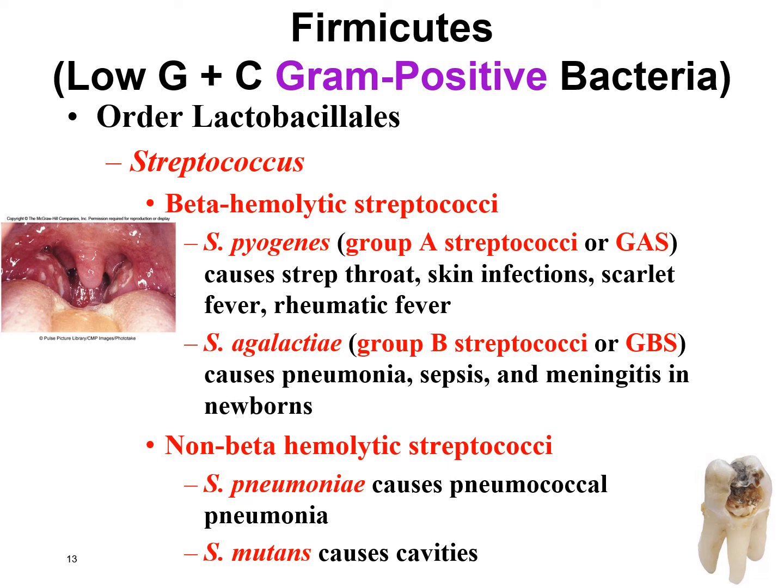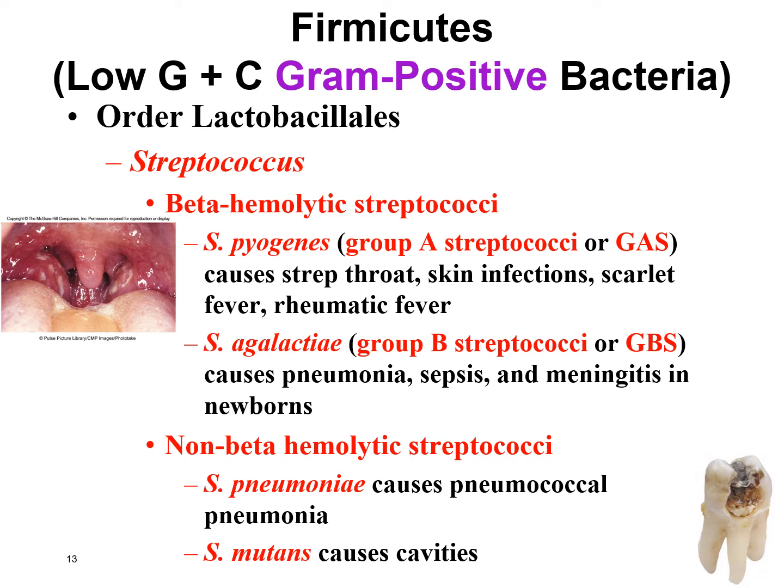Streptococcus agalactiae, or group B strep, is a concern, especially in pregnant mothers. This bacteria can live in the vagina, but it's not always there. It kind of comes and goes. They will test mothers before delivery to see if the bacteria is there, and if it is, they will give mom antibiotics at the time of delivery to make sure that she doesn't pass this to the newborn during a vaginal delivery.